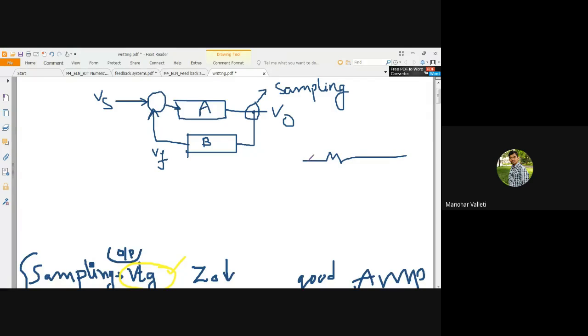Meaning, I can measure the voltage across some resistor. This is the voltage, this is current. So current only flows through. If you want to tap some output current, if I want to sample some output current, then I need to connect my feedback network through that component. We will see that connection in coming discussions also.